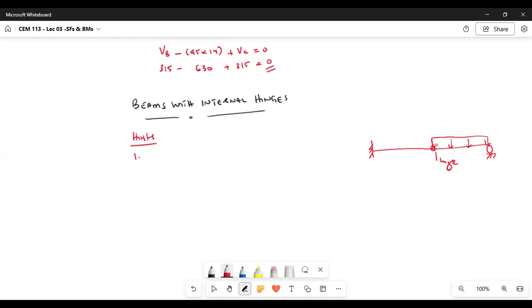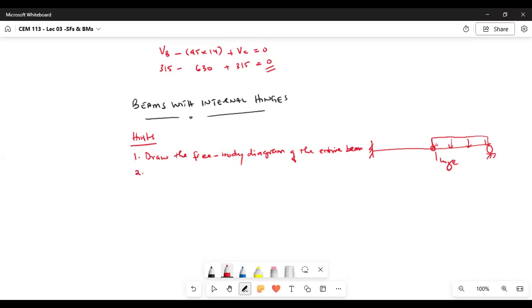Number one, draw the free body diagram of the entire beam. That's the first thing to do.